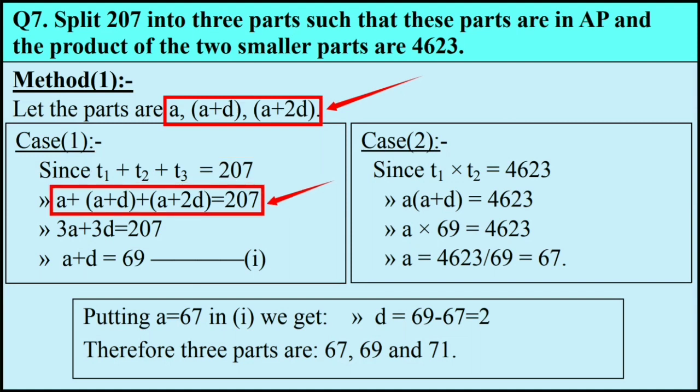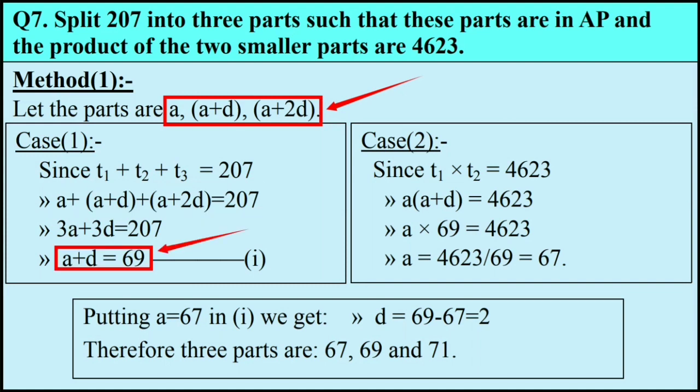Observe the next line, where T1 is replaced with A, T2 with A plus D and T3 with A plus 2D, and after simplification we get a linear equation in two variables: A plus D equals 69.